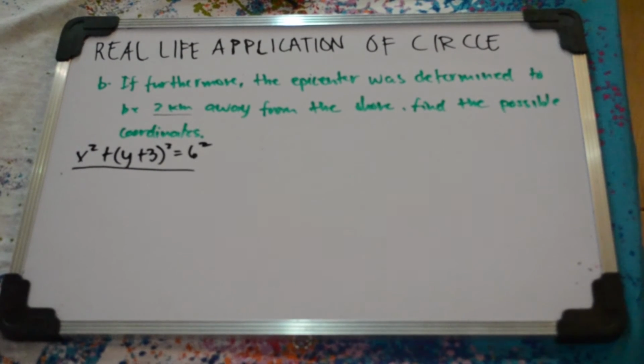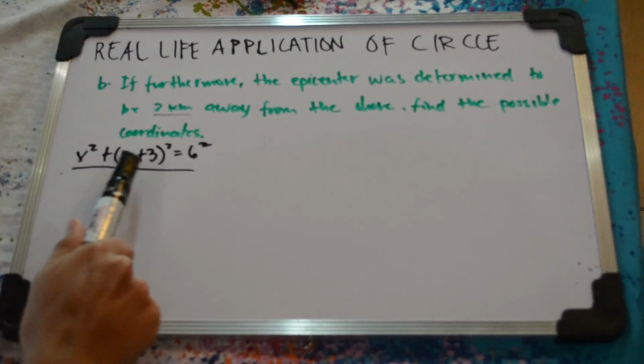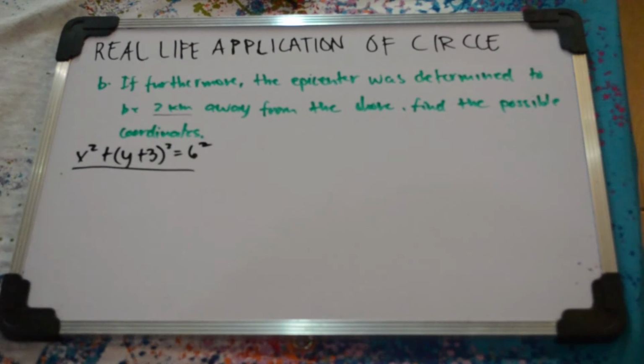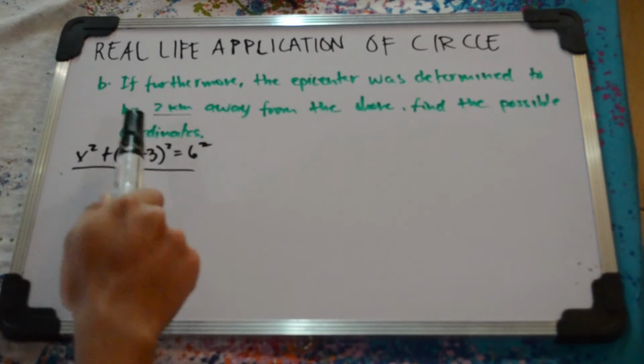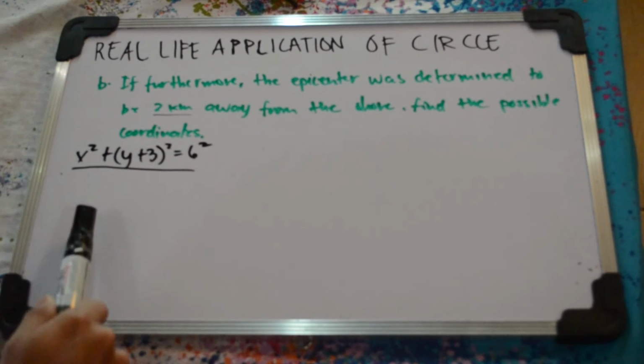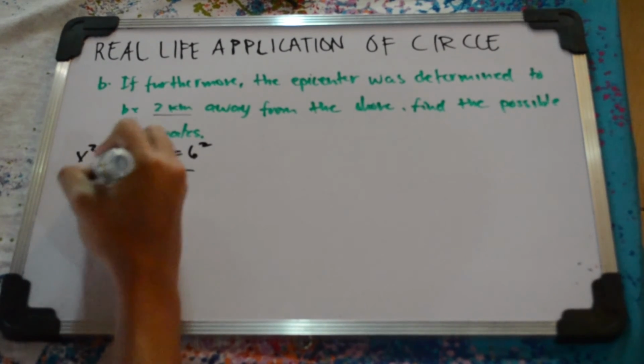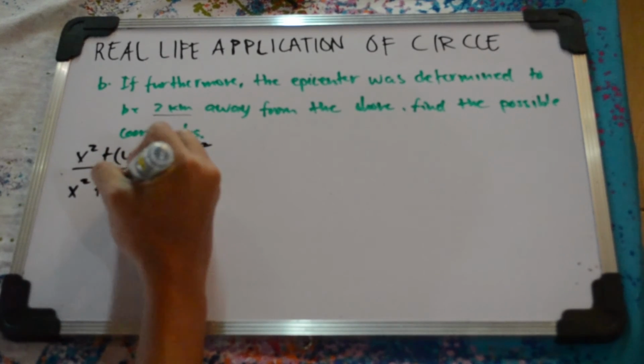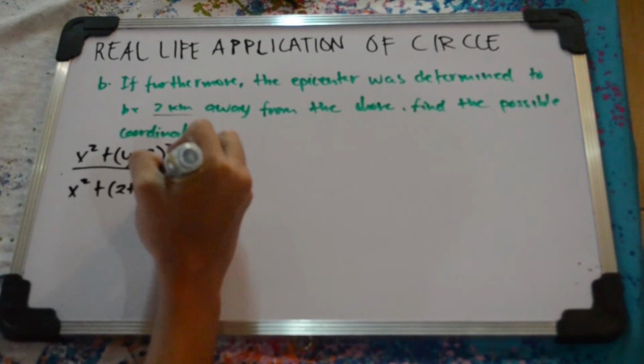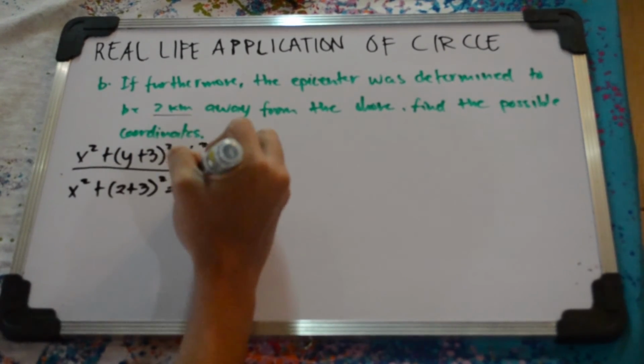So for the second question, if furthermore the epicenter was determined to be 2 kilometers away from the shore, find the possible coordinates. And we have our equation x squared plus y plus 3 squared is equal to 6 squared. And the epicenter was determined to be 2 kilometers away from the shore, so we will replace y by 2. So our equation will become x squared plus 2 plus 3 squared is equal to 6 squared.